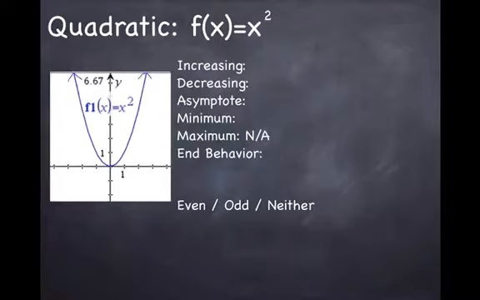All right, quadratic equations. Now, a couple things I want to tell you about our quadratic equation. I want to give you a puzzle, okay? With asymptotes, you can have a horizontal line or a vertical line.